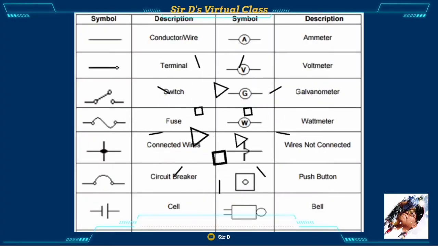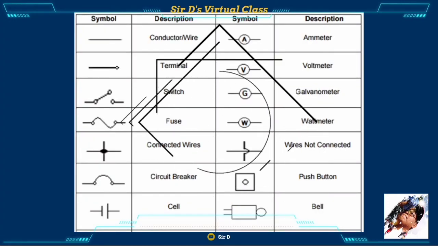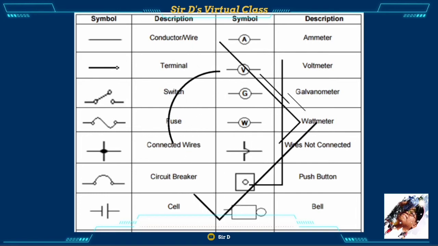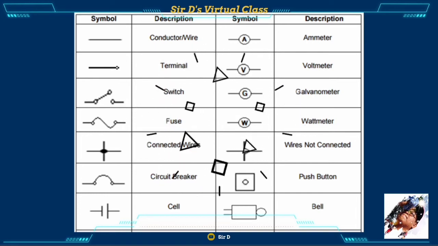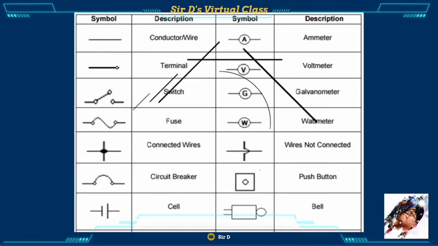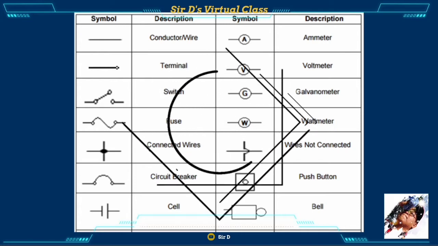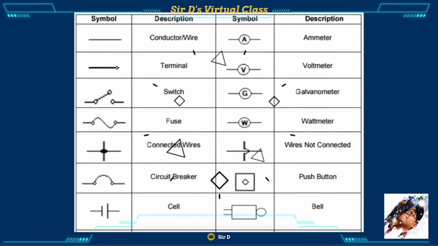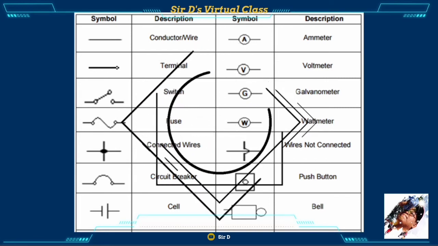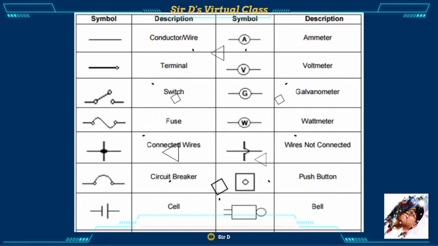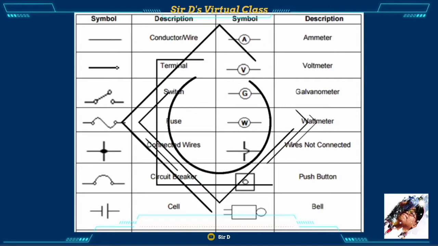Here now are some common examples of the electrical symbols. Look closely. You have your symbols, and next to them is the description. We can see here a conductor or wire. It's represented by a straight horizontal line.